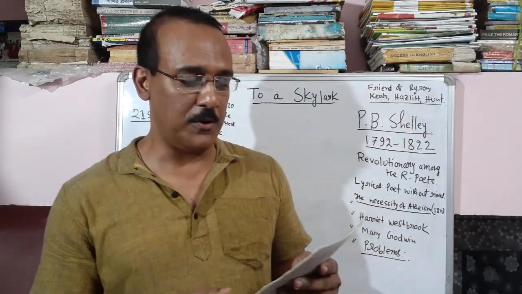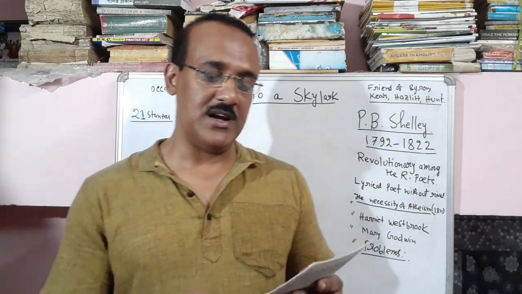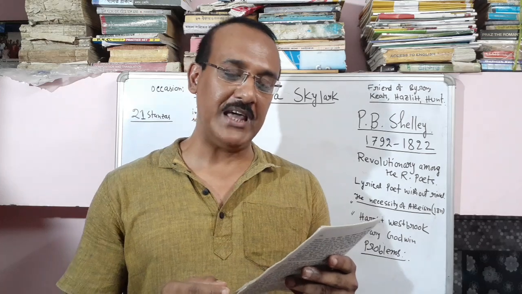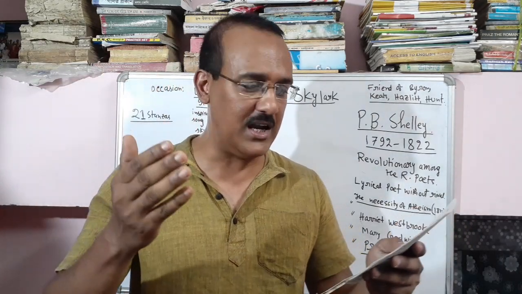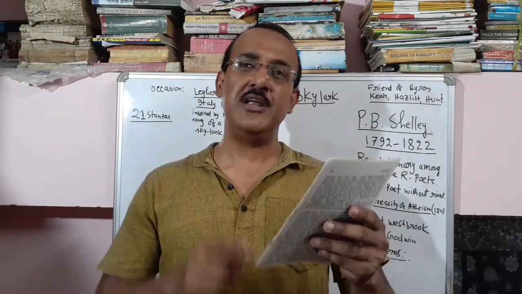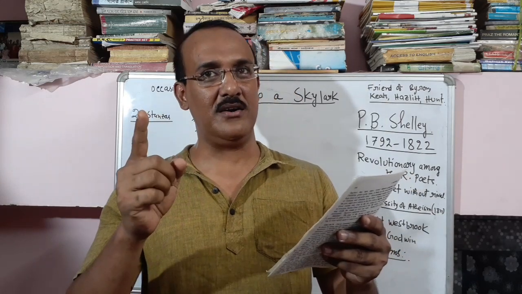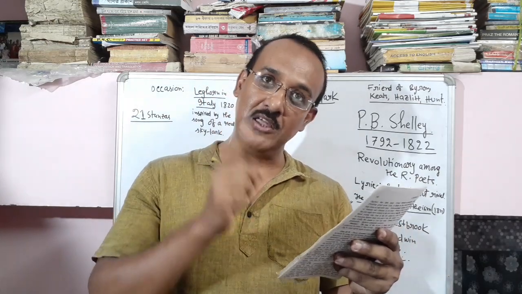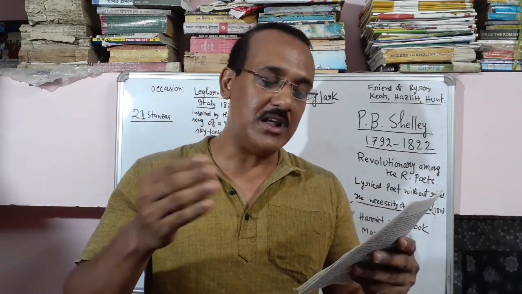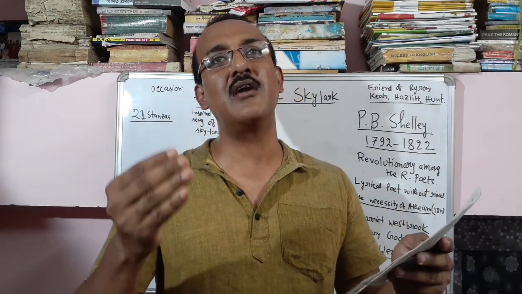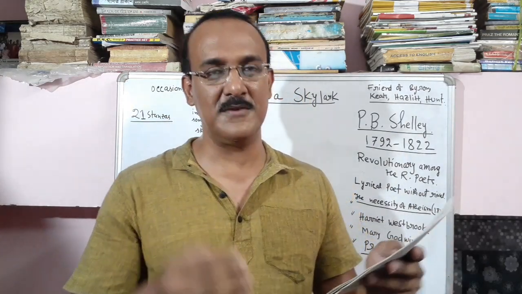In the very first stanza, Hail to thee, blithe spirit. Hail means welcome. Hail means greet. The poet is welcoming the skylark. Hail to thee, blithe spirit, bird thou never wert. You were never a bird, that from heaven or near it pourest thy full heart in profuse strains of unpremeditated art.